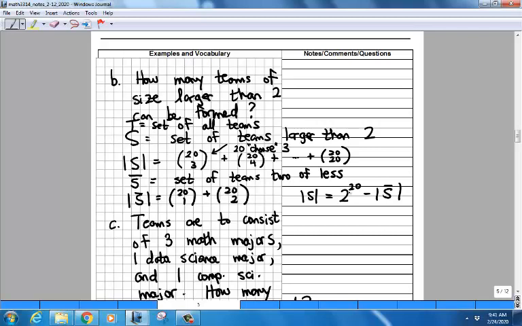Okay. So we have to be careful. I guess in S bar we would include the empty team here, if we're going to use this as a way to count this. Okay? All right, so there's the answer.